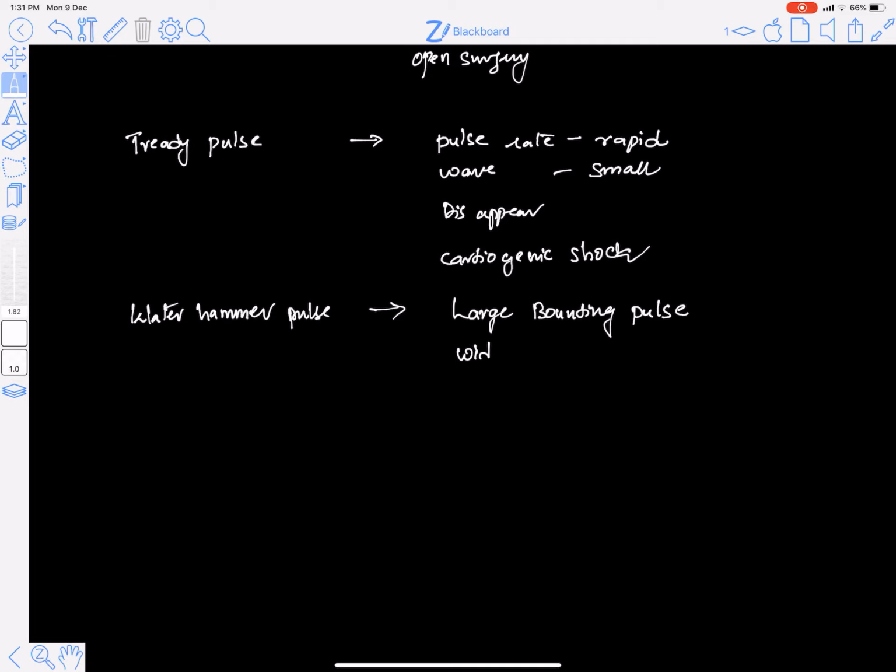You will have wide pulse pressure in this, and this is basically seen in the case of thyrotoxicosis. You can see this in the case of AR, you can see it in the case of PDA, you can see it in the case of HTN, you can see this in the case of bradycardia.